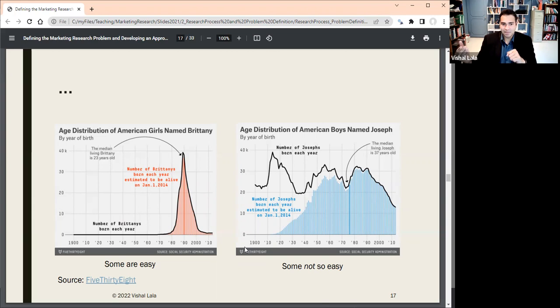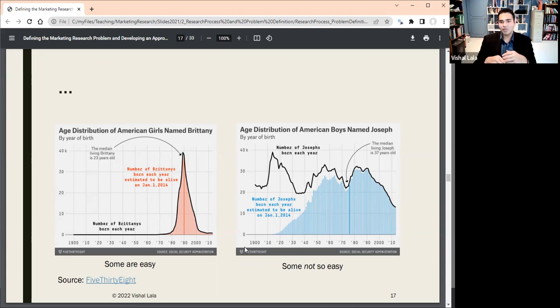So if one has no information about Brittany whatsoever, one can, based on this data, make some guesses about their potential age. It doesn't have to be that every Brittany in the database of a company is 33 years old, but there's a pretty good chance the age is in fact 33, if most of them were born in '89.